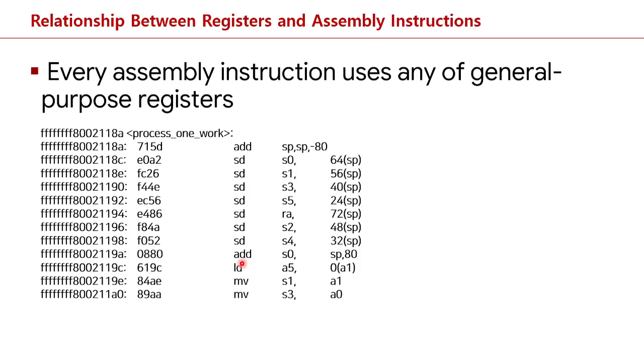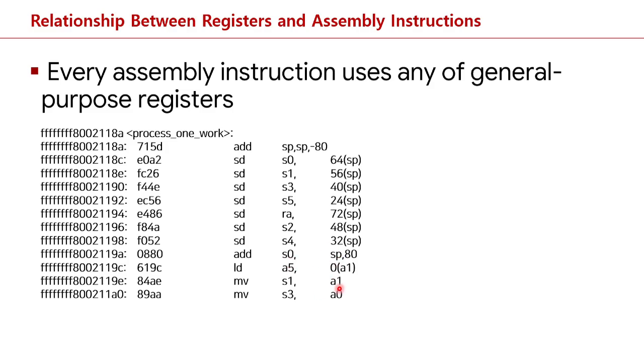And please take a look at this. This is an add assembly instruction. The add assembly instruction is together with the S0 register. In the context of the syntax of assembly instructions, this register is called the destination register.